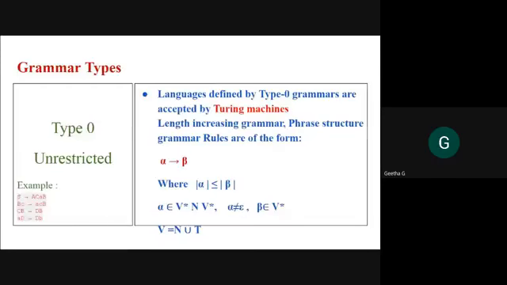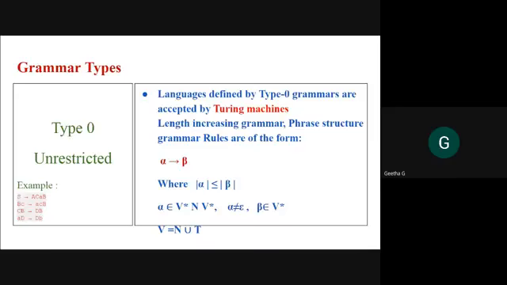And when I say grammar, it generates a language. For a language, you have already seen that the language will be recognized or accepted by an automaton. So type 0 is an unrestricted grammar. The language generated by this grammar will be accepted by Turing machines. Is it clear?